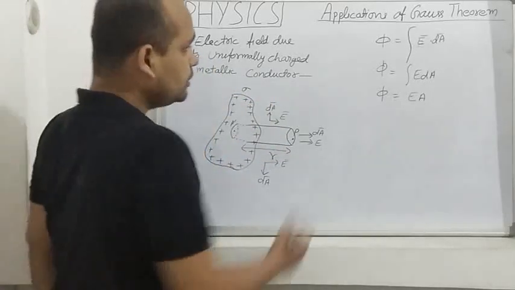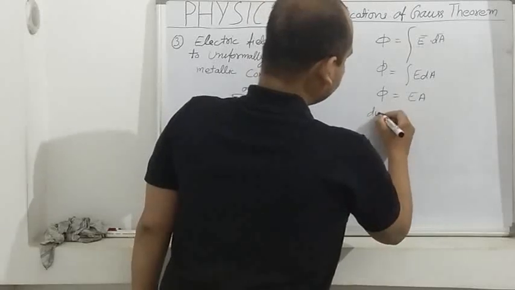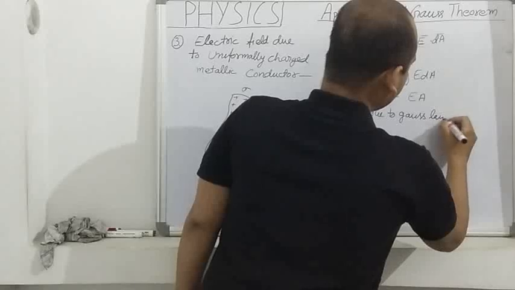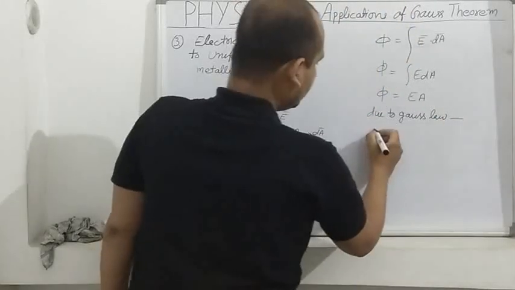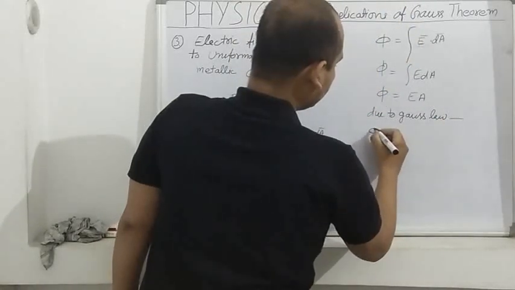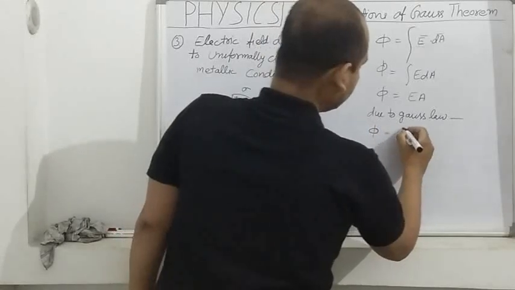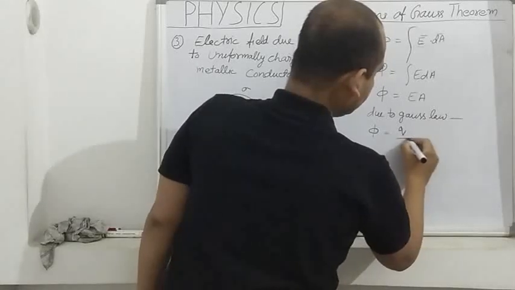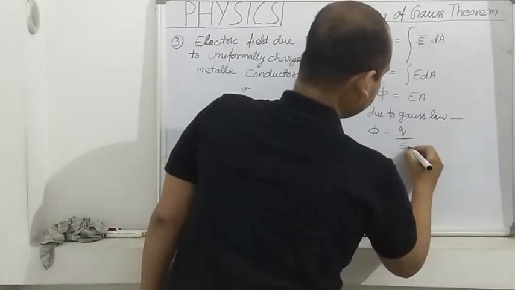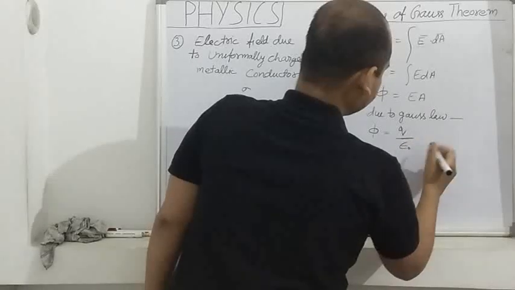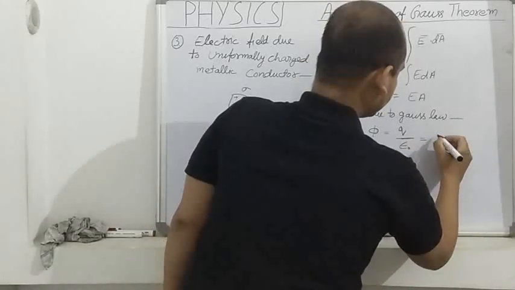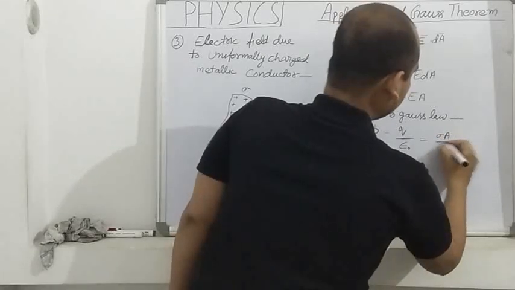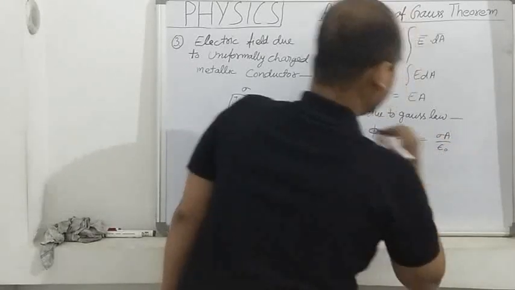Now, due to Gauss law, phi will be equal to the net charge enclosed in the Gaussian surface, Q upon epsilon naught, and that will be equal to sigma A upon epsilon naught.